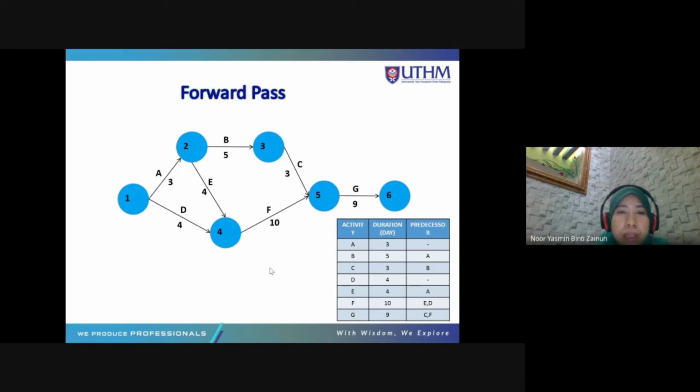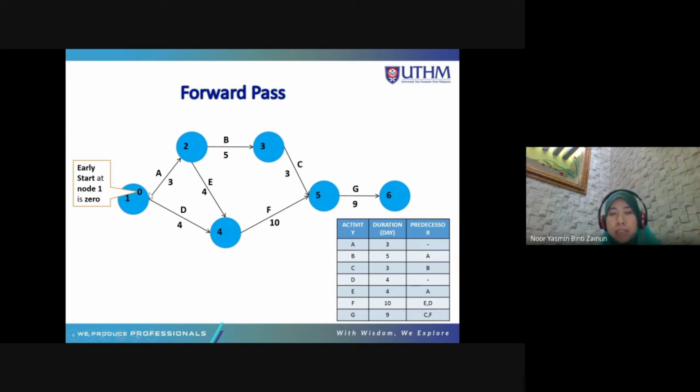How to calculate the forward pass? Early start for activity A, and this is early finish for activity A. So you need to calculate that. Early start at node 1 is 0. Dia mesti start dengan 0, kosong, sebab mula-mula nak start ni.